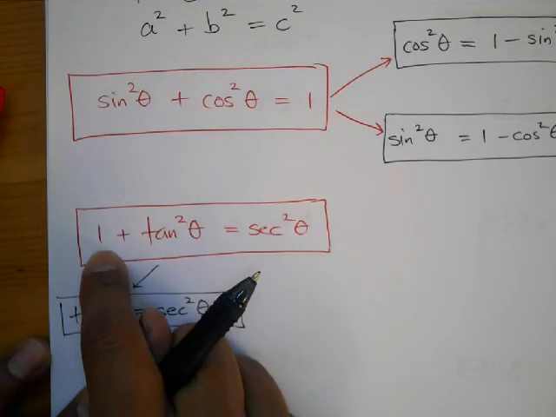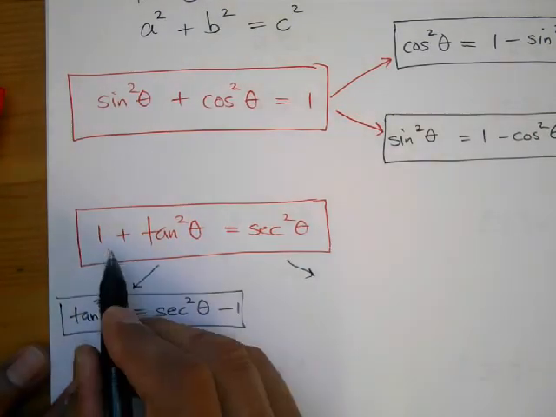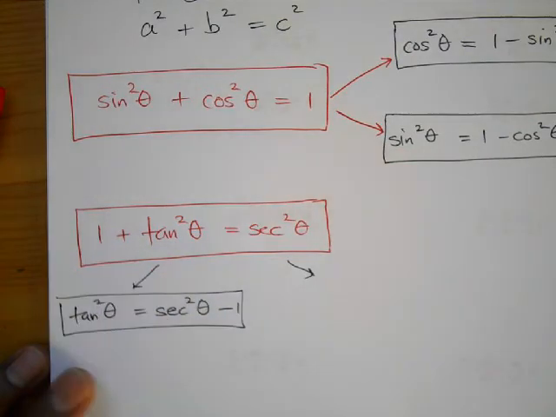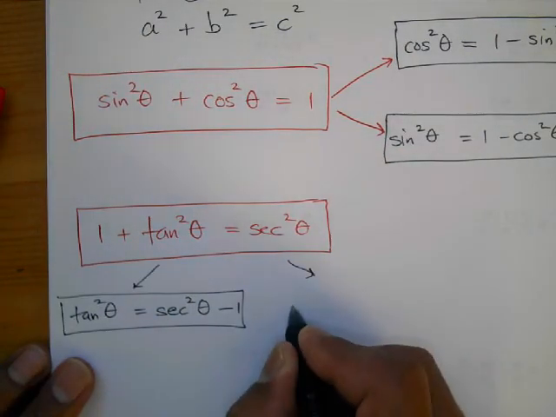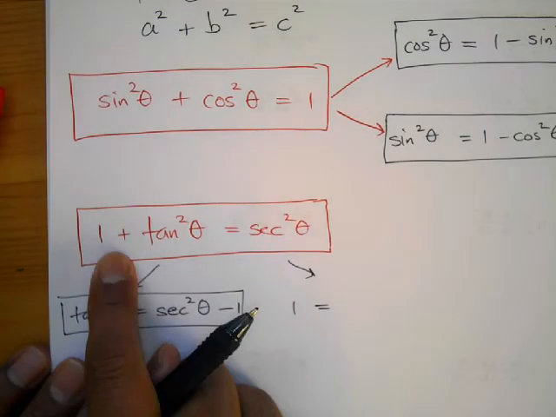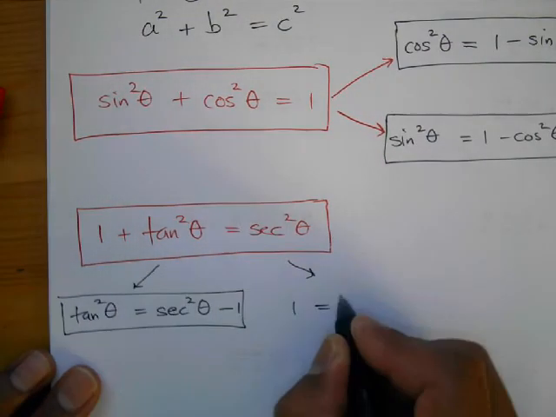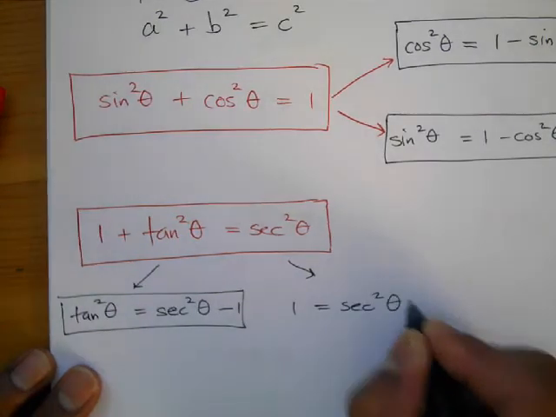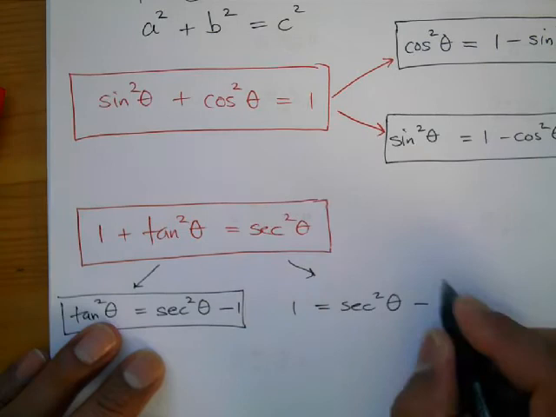And then what if I keep this 1 here and I move the tan squared over? What's another form of this? Now it's going to be 1 is equal to secant squared theta minus tangent squared theta.